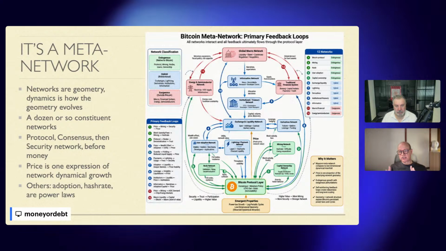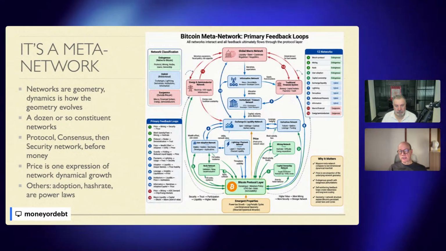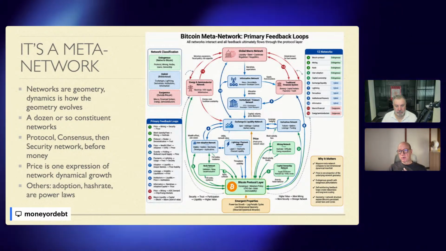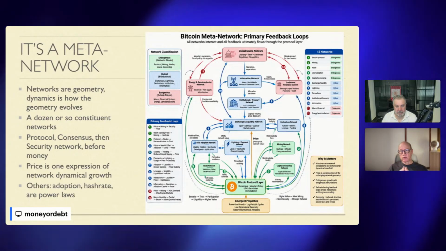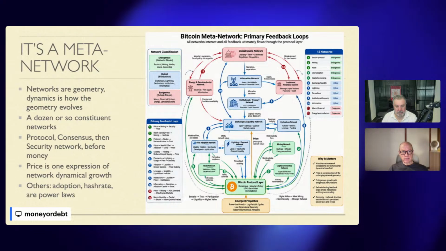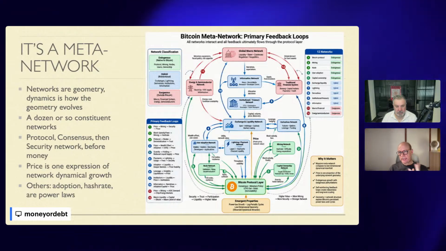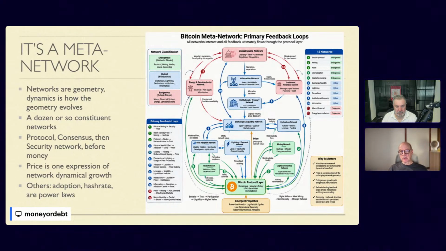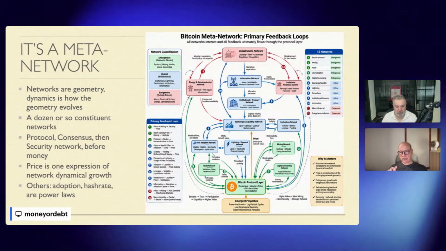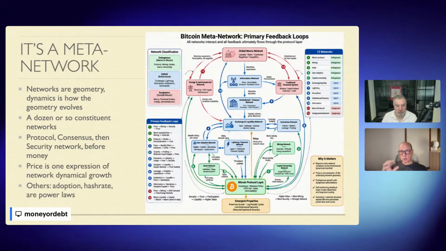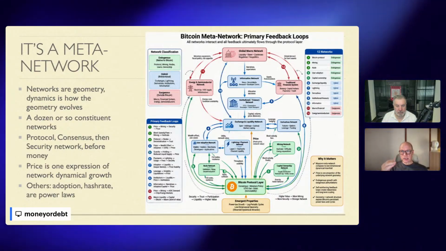This graph has 13 networks on it. There's a little panel up in the upper right that says 12 networks because it combined the macro and the financial when I produced this in ChatGPT, and I didn't really repair that piece. But the important thing is it's classified into what's endogenous, what's exogenous, and what's hybrid.